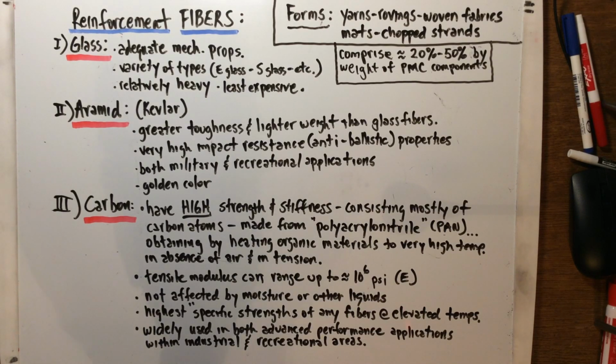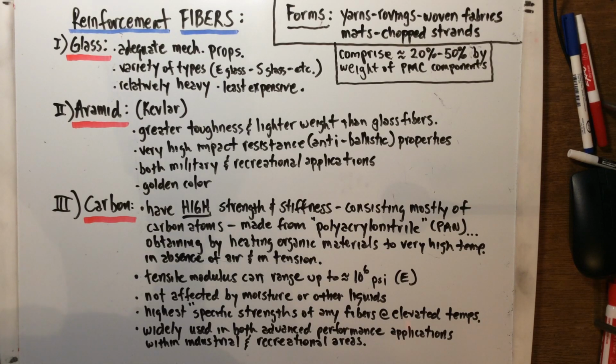And it's widely used in a variety of advanced performance applications, ranging from industrial, aerospace, military, that kind of stuff, but also, as you very well know, within the recreational industries, which have widely adopted this material in the hardware used in their various sports.